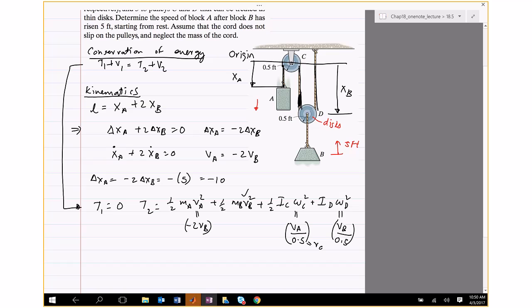VA is minus 2 VB. Oh, I forgot the half, sorry. It should be one half. So the expression T2 is only in terms of VB, not VA.